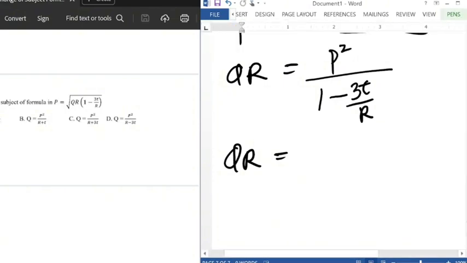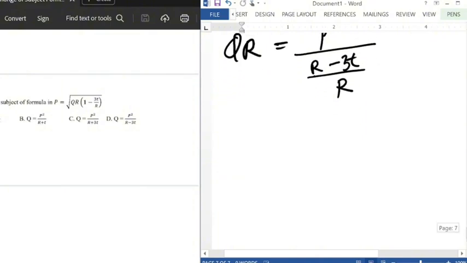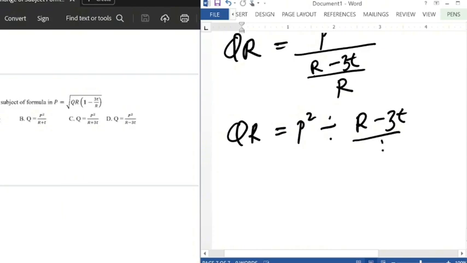What we're going to have now is p squared divided by, so make the LCM. This one is r, right? So 1 is r, that is r minus 3t. So from here, qr equals p squared divided by r minus 3t, everything over r.